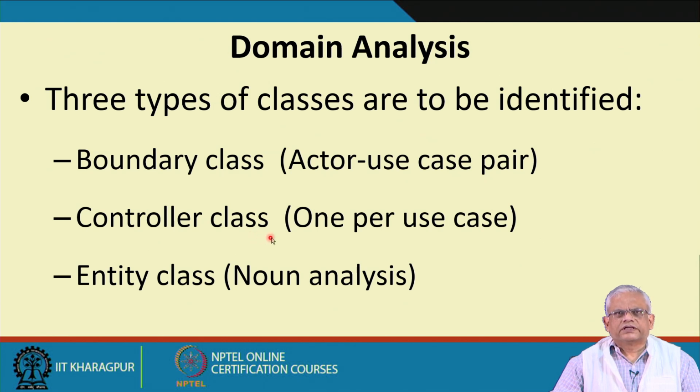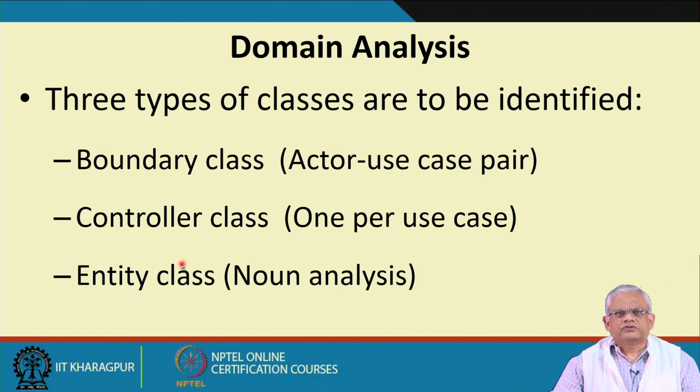One controller object for one use case. For every use case, we will have one controller, and for every actor use case pair, we will have one boundary object. Therefore, construction of these two types of objects is almost straightforward. Just by inspecting the use case diagram, we can identify how many boundary objects and how many controller objects will be needed in the initial solution.